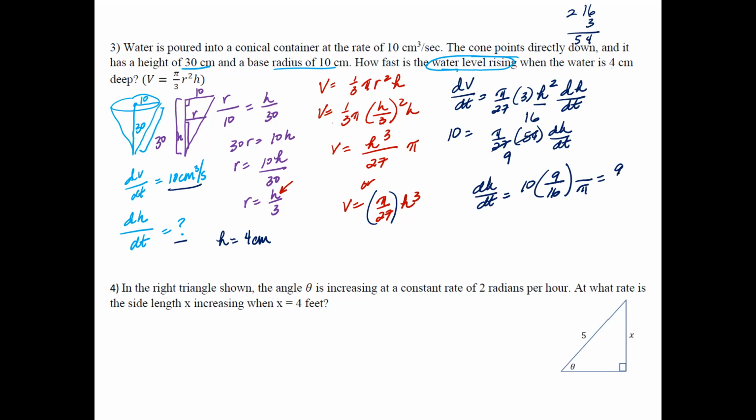So that's going to be a 90 over 16 divided by pi. Or if I divide it by 2 on both, it'll just be dH over dt equals 45 over 8 times pi centimeters per second. And that is your answer.